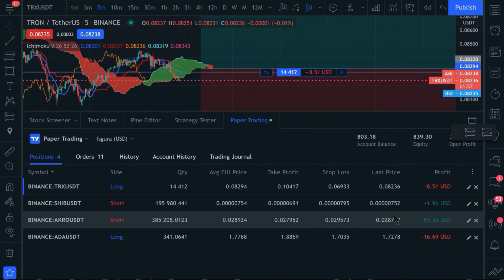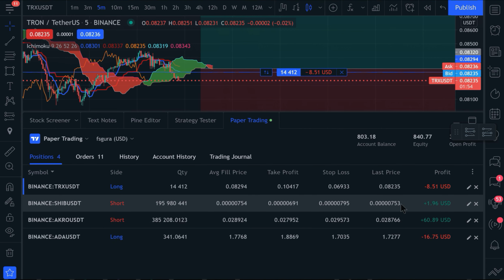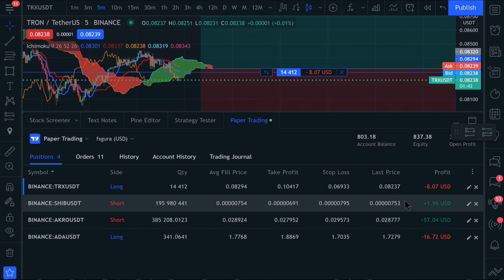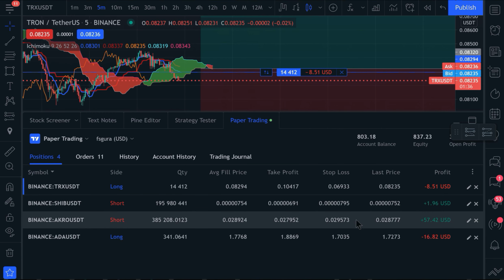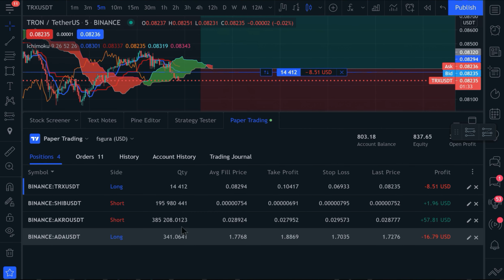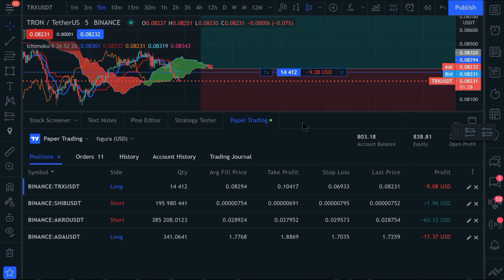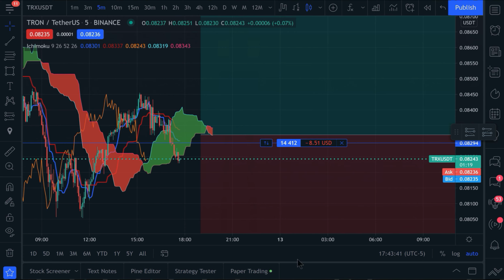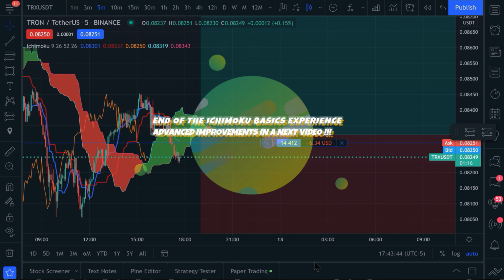We can hope for the shorts to be successful, not just the longs, but if we manage to stay in the trade with the correct stop loss and recover when the shorts are cancelled and they are going to win on Shiba and Acro, we could have the 4 trades on a win. So at the moment, we stop the Ichimoku trading on paper trading with 6 trades today, and we will go back with another strategy in the next video.